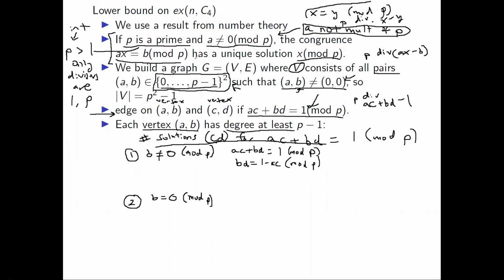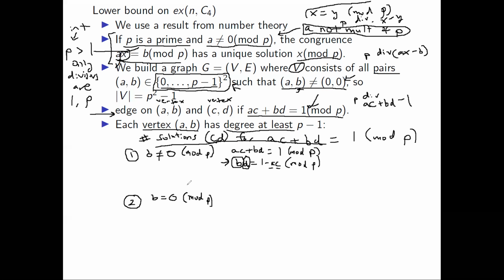If P is a prime and A does not equal 0 mod P, the congruence AX equals B mod P has a unique solution X mod P. Here we're applying it to the coefficient B instead of A. So the A up here is a B down here. The variable X up here is now a D. And we can treat the A and the C here as fixed.